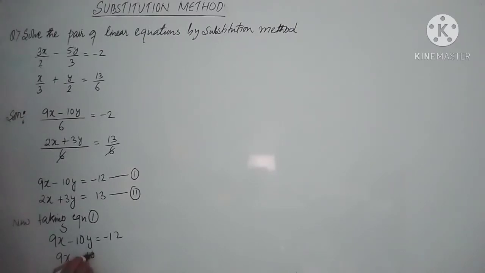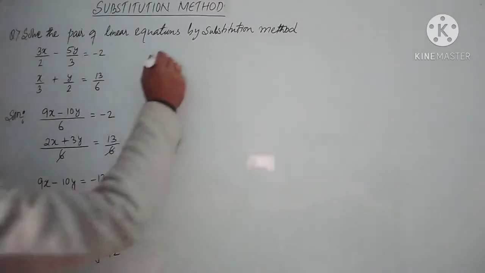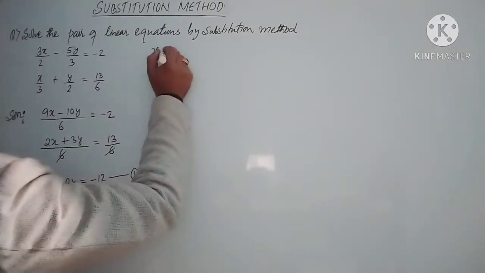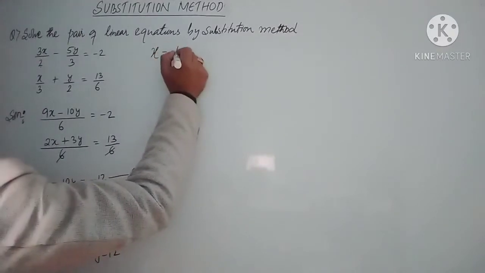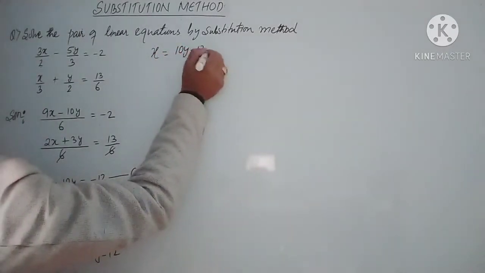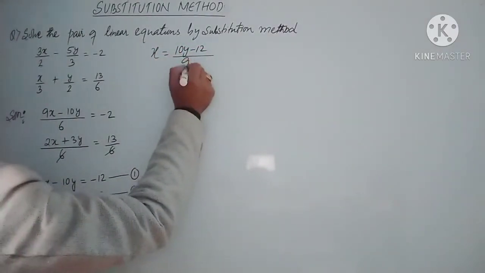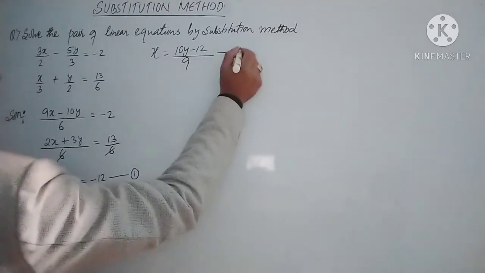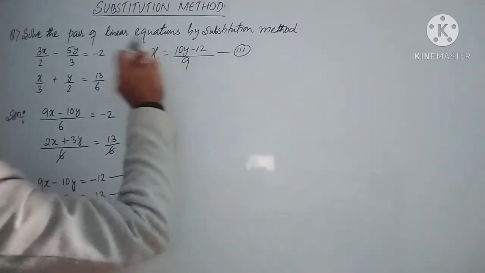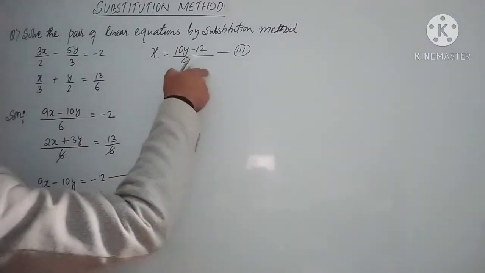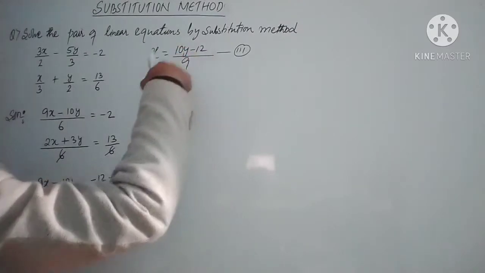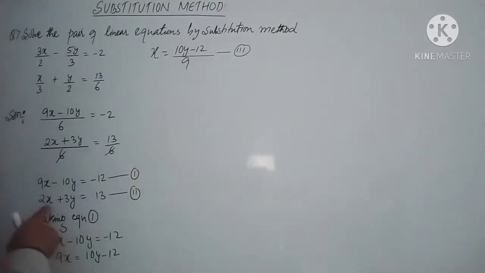So this is 10y minus 12. So x equals 10y minus 12 divided by 9. So this is equation number 3. Now this is the value of x. From 1 we are making equation 3. Now this equation 3 we have to put in equation 2.